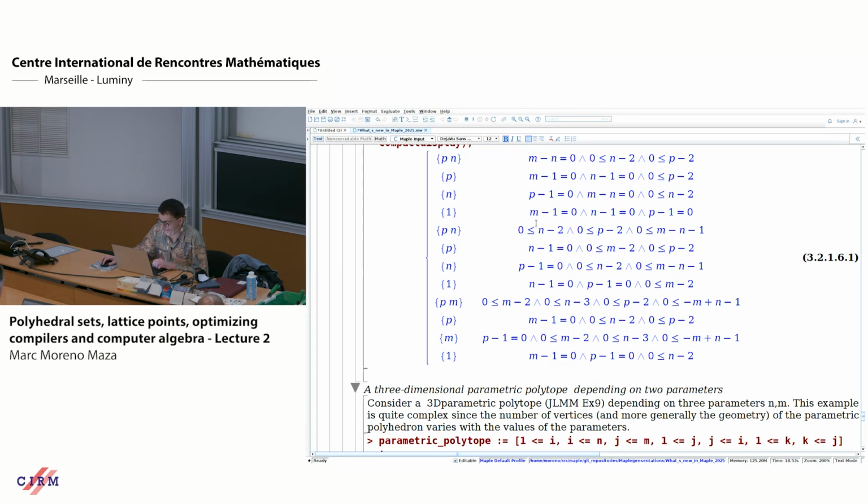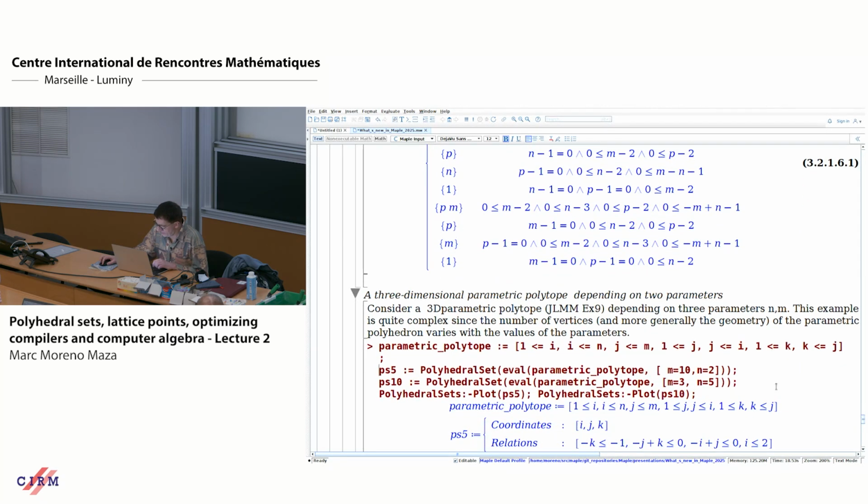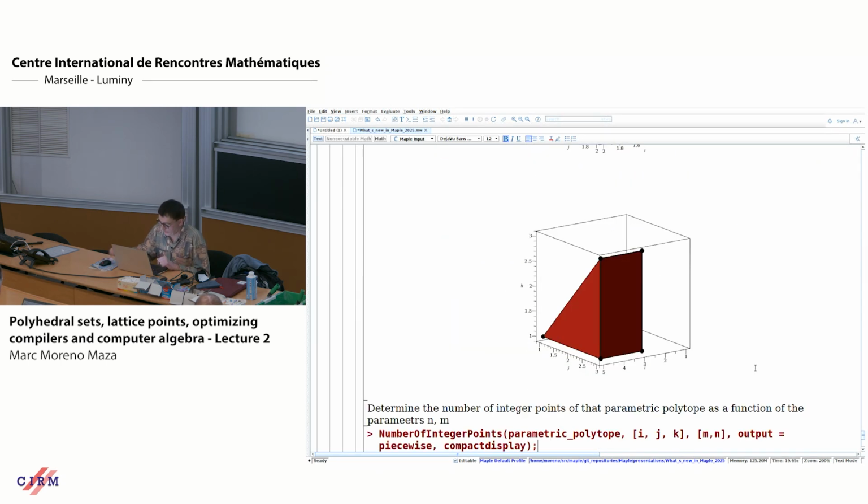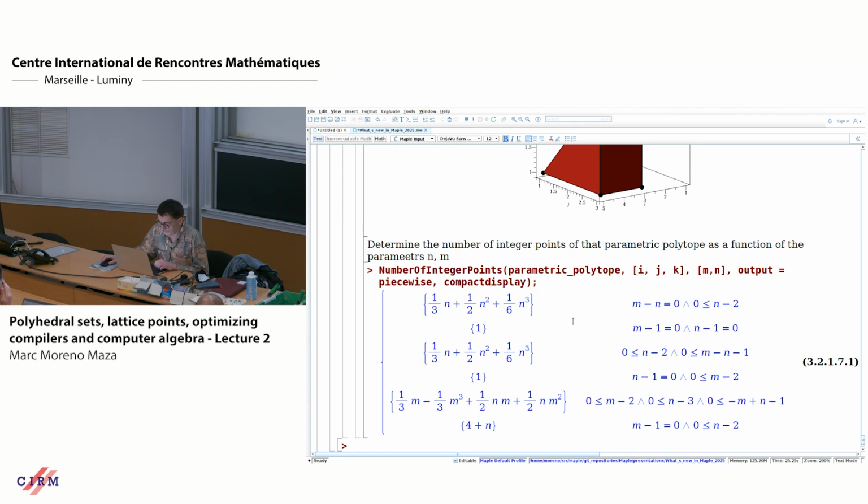And the last example, now in 3D, where again the geometry is changing with the parameters. But luckily, we did not get quasi-polynomials.